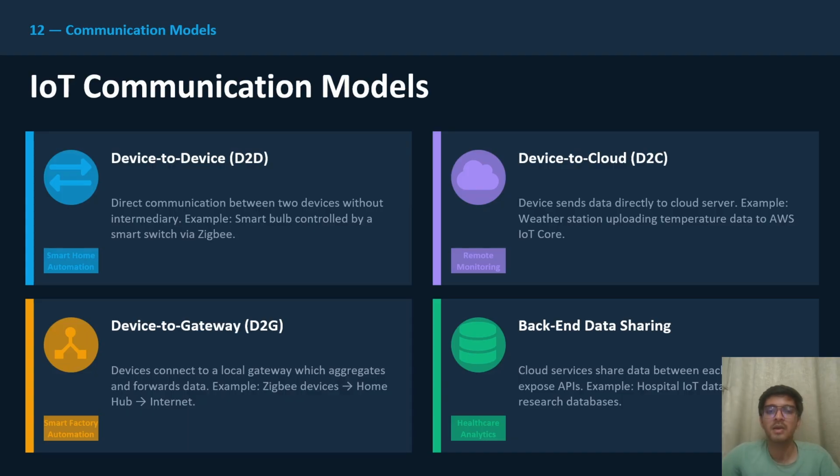Coming to the communication models. IoT uses four communication patterns: device to device, where devices talk directly, like a Zigbee light switch controlling a bulb; device to cloud, where a sensor sends data directly to AWS or Azure, used in remote monitoring; or device to gateway, where devices connect to a local hub which aggregates and forwards data, common in smart factories.